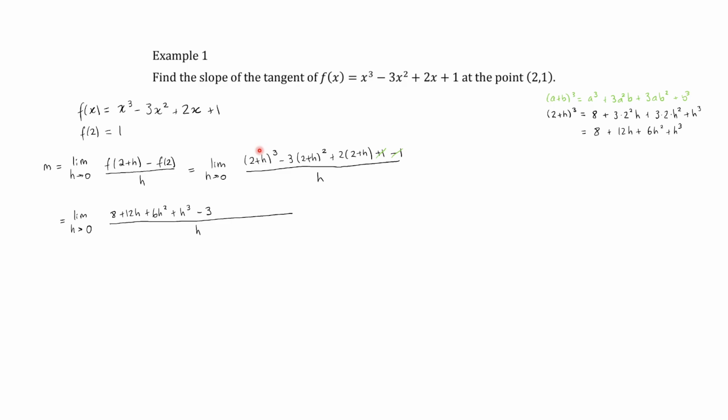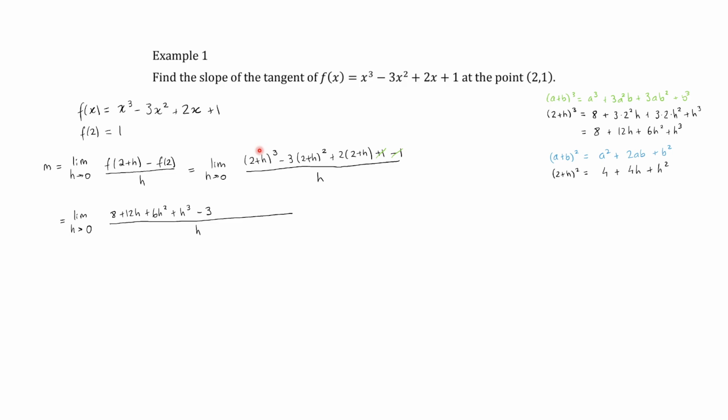So now let us recall that a plus b squared is equal to a squared plus 2ab plus b squared. And so 2 plus h squared is going to be equal to 2 squared, or 4, plus 2 times 2 times h, or just simply 4h, plus h squared.